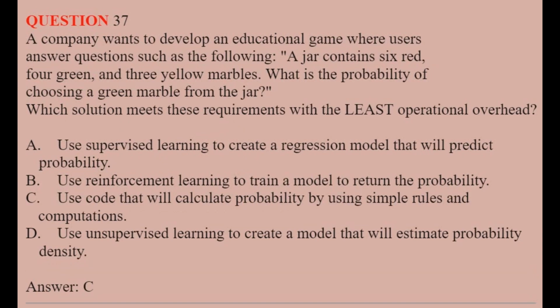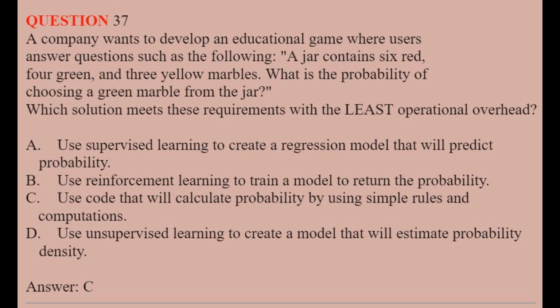Question is, a company wants to develop an educational game where users answer questions such as the following: a jar contains 6 red, 4 green and 3 yellow marbles. Which is the probability of choosing a green marble from the jar? Which solution meets these requirements with the least operational overhead? Option A. Use supervised learning to create a regression model that will predict probability.